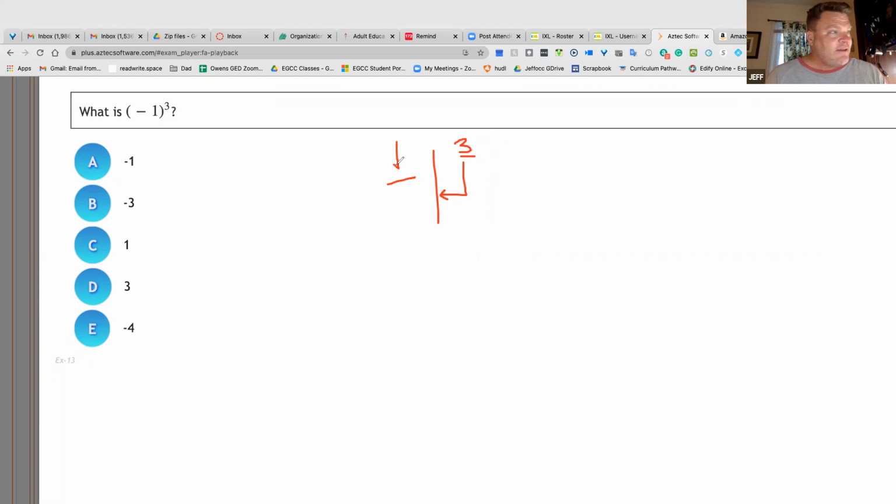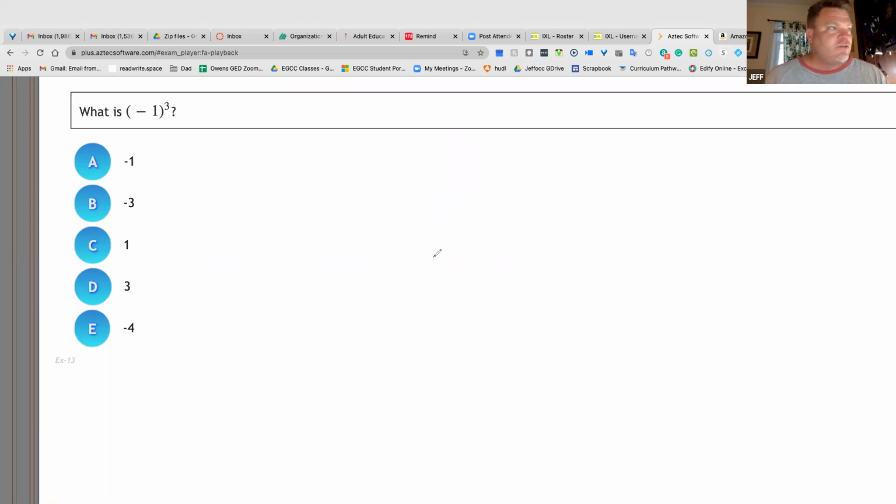And then this negative sign is just hanging out on the outside waiting for an answer, and then they're going to make it negative. So with no Scotch tape, it's just 1 times 1 times 1, which is 1. And then this negative comes along and makes you negative. And that becomes -1.